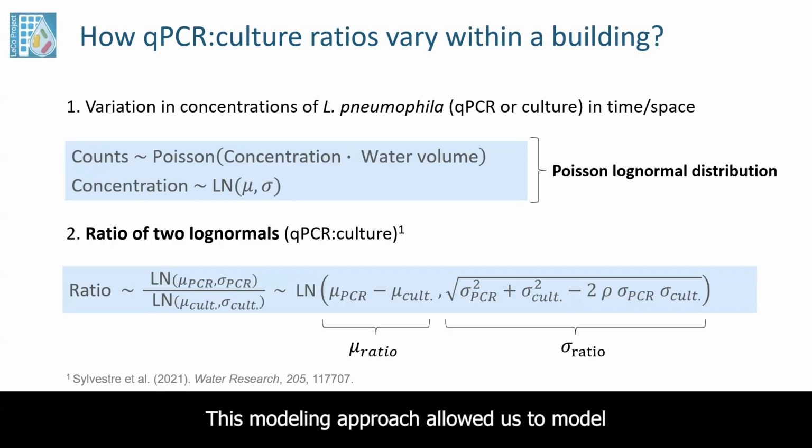This modeling approach allowed us to model the relationship between qPCR and culture results as the ratio of two log-normal variables. The detailed formula on the slide shows the mathematical structure, but the important point is that this approach allowed us to predict how variable the qPCR to culture ratio is and what the uncertainty about this variability is.